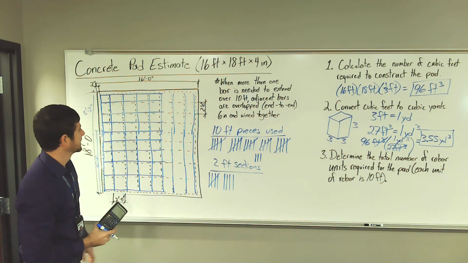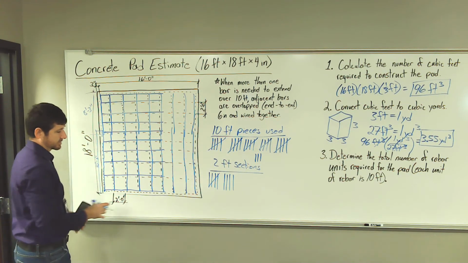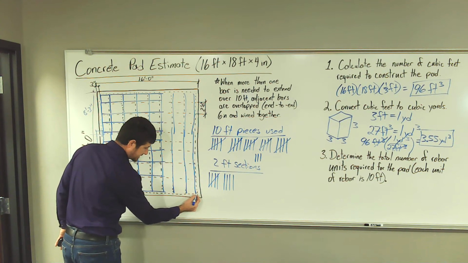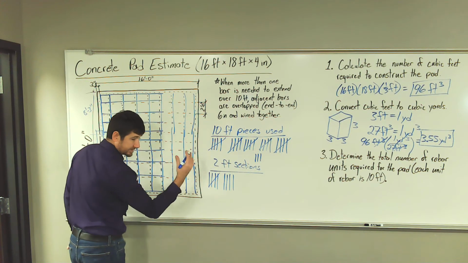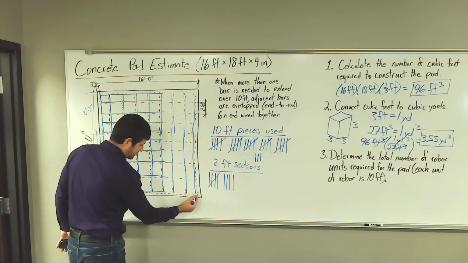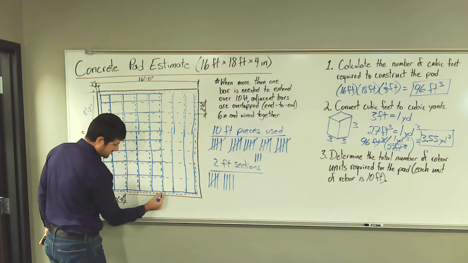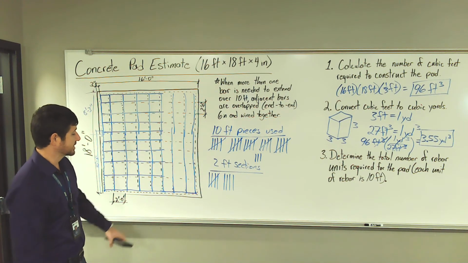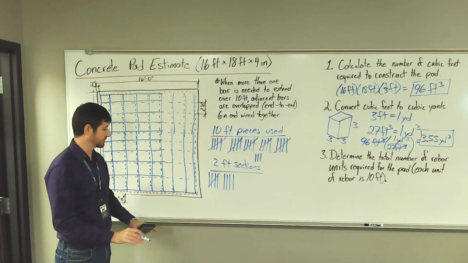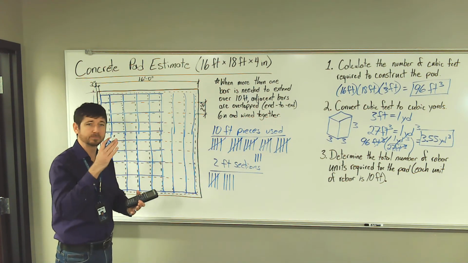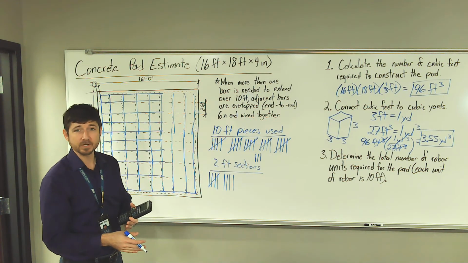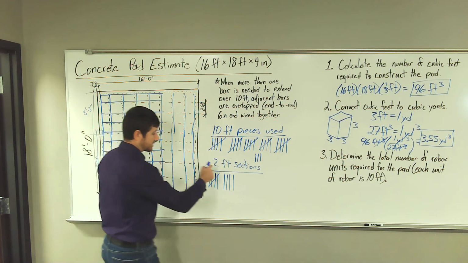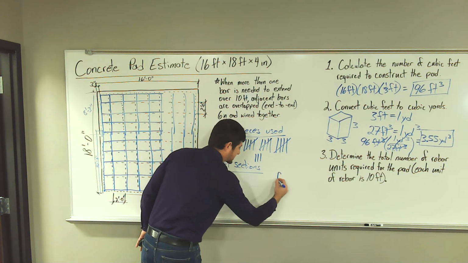Okay. All right, next, let's start over here at this corner, and we're going to take a 10-foot section, but this only requires a 6-foot piece, okay? So we're using a 10-foot section, but it's only requiring a 6-foot piece, so a worker is going to cut off 4 foot of that piece of rebar.